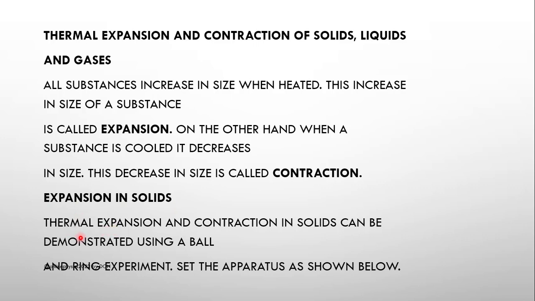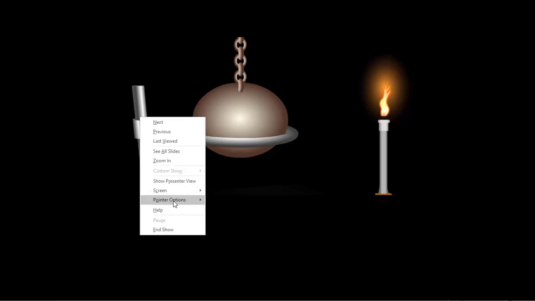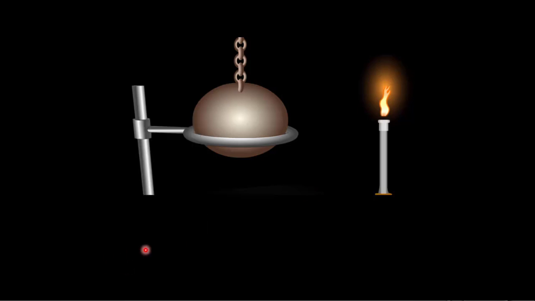Thermal expansion and contraction in solids can be demonstrated using a ball and ring experiment. We can see the setup given below. Now we want to start with this video so that we can look at what is in this experiment.